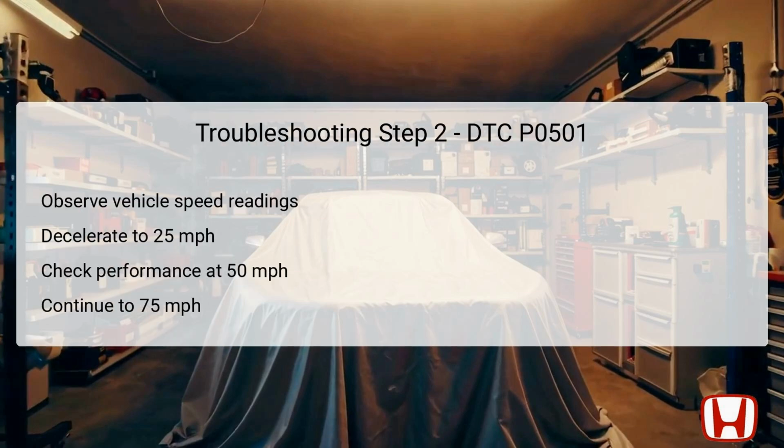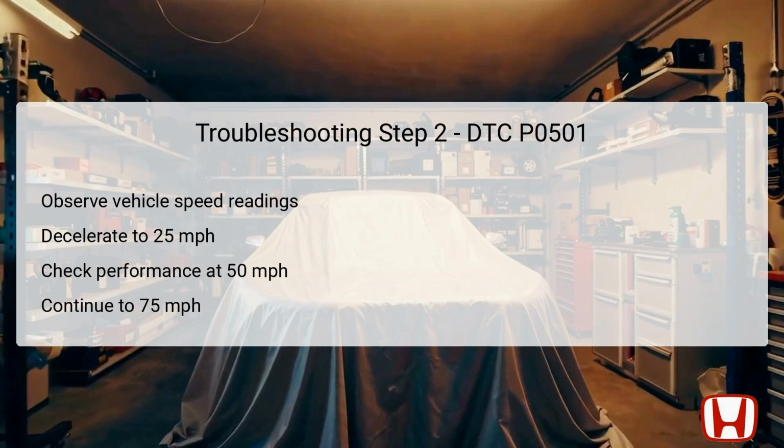As part of the second troubleshooting step for DTC P0501, it is important to closely monitor the vehicle speed readings throughout the test drive. After accelerating to 37 miles per hour, you will need to decelerate to a speed of 25 miles per hour, which is about 40 kilometers per hour, while keeping an eye out for any irregularities in the CVT response or speedometer behavior.